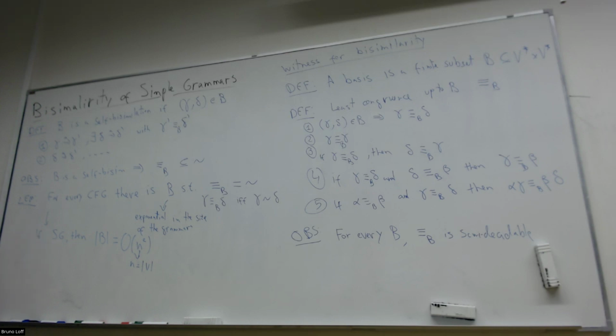That's how everything gets together. But this already gives you an idea on how to get the double exponential bound, because we can either guess a witness of non-bisimilarity of size double exponential or a witness of self-bisimilarity of size double exponential. That's kind of it.